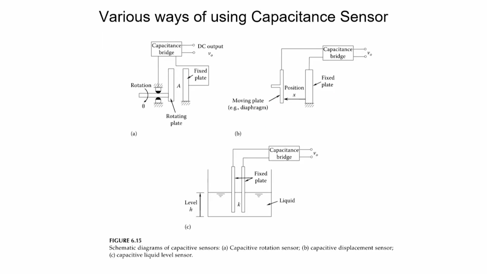Now, there are various ways by which you can develop a capacitance sensor. You can do it in a rotating plane, so that becomes a rotational displacement sensor. You can do it in a moving plate diaphragm. You can do it in a capacitance bridge. So, there are many different ways by which you can use the capacitance based sensor.